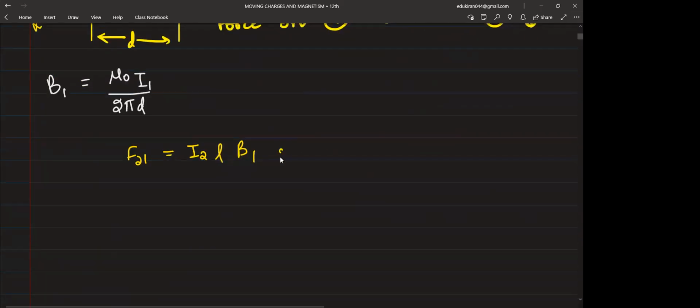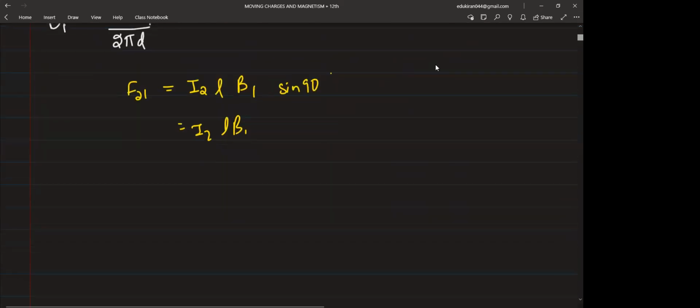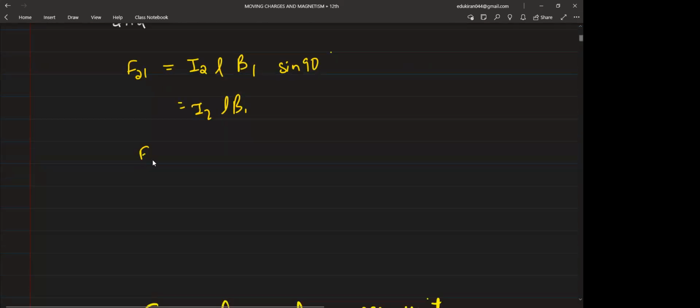So this is B1 and the angle will be 90 degree. So this is I2 L B1. Now put the value of B1. When you put the value of B1, F21 is equal to I2 L times mu naught I1 divided by 2 pi d.